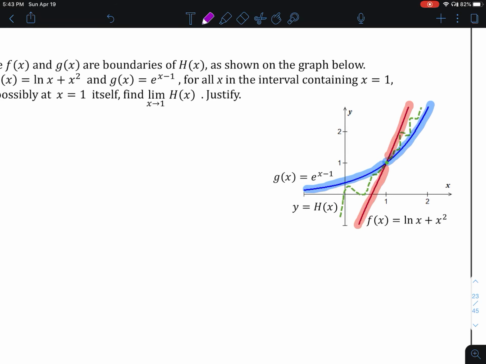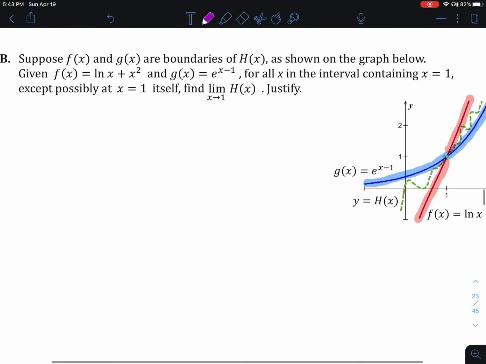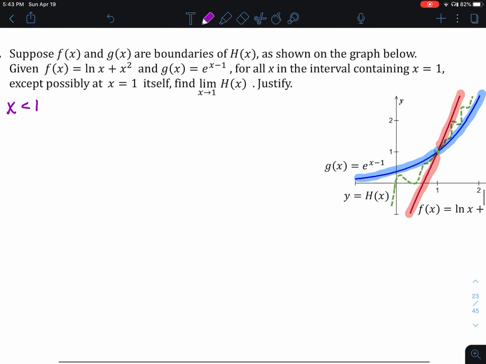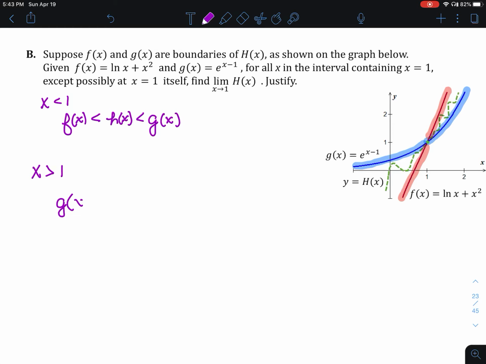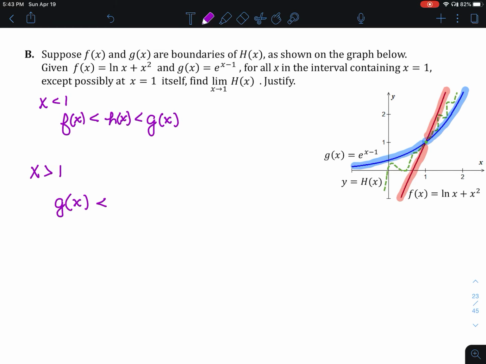So how do you write that? We first are going to consider as x is less than 1. If x is less than 1, what we see here is that the upper function is g of x, right? And then we have h of x in between. And just quite lower than that, we have f of x. But for x is greater than 1, we see that g of x is now smaller, right? It's lower, the blue one.